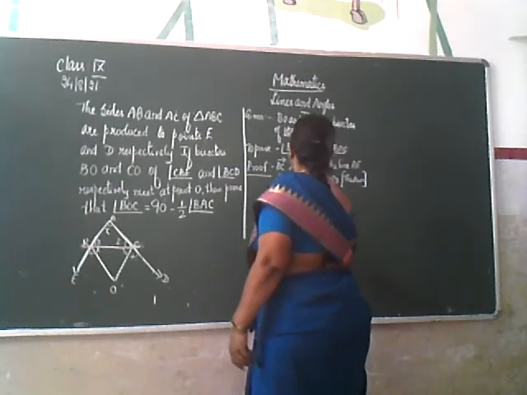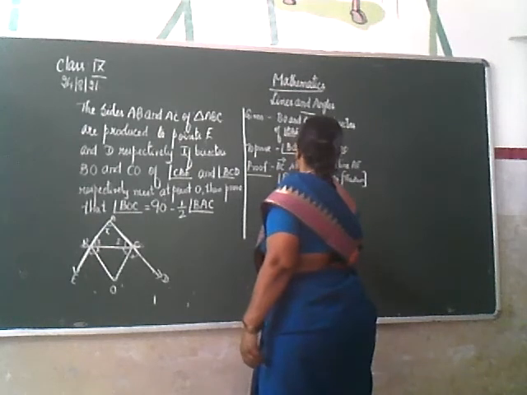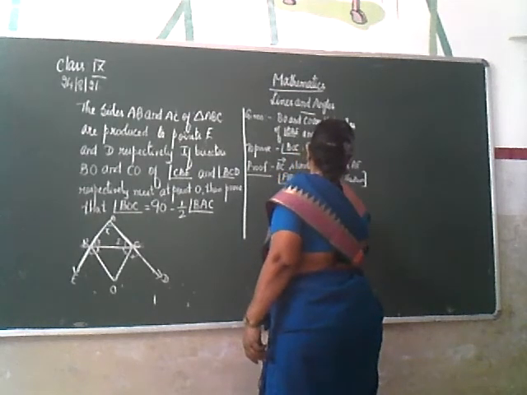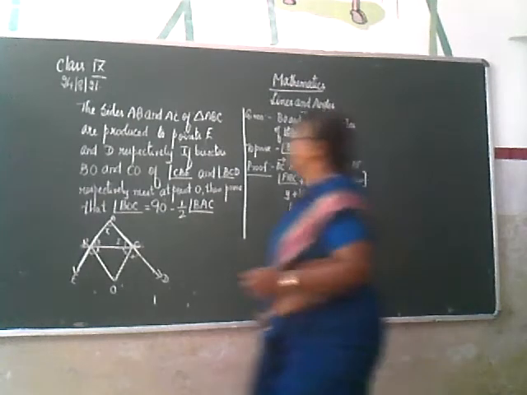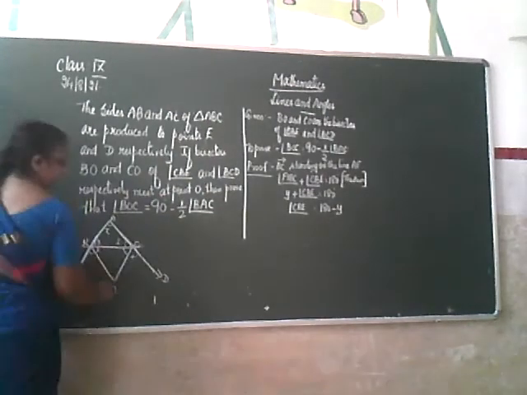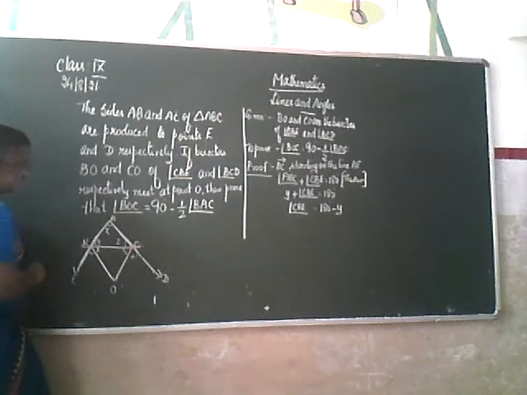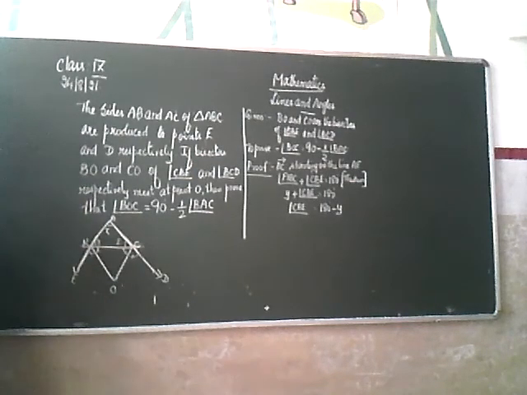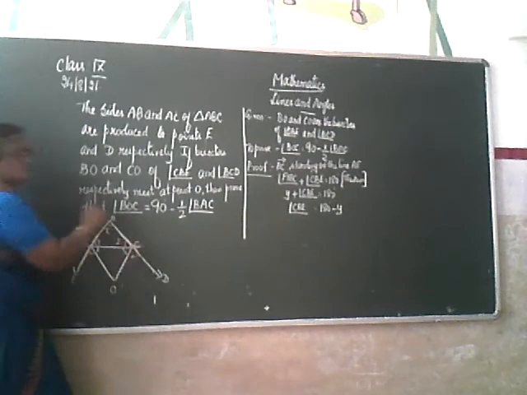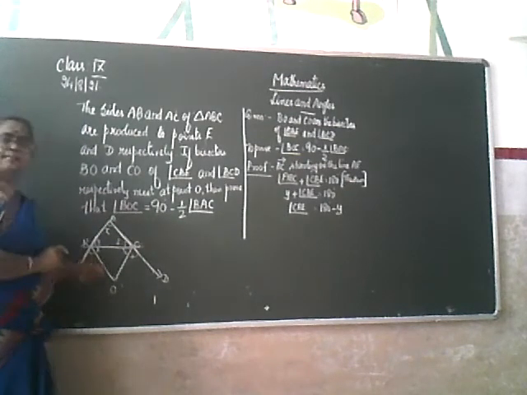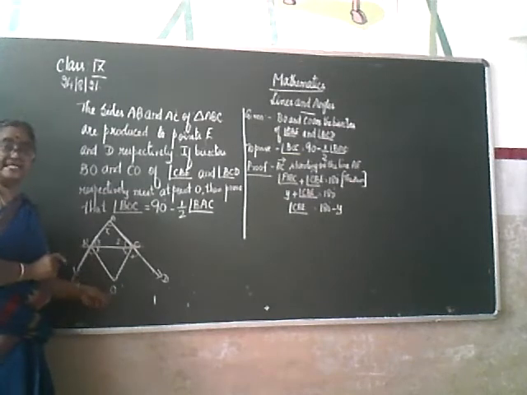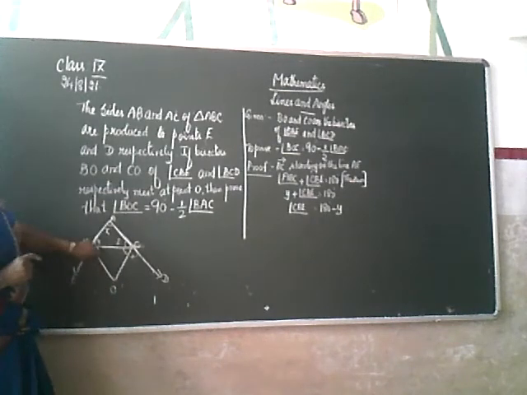So CBE is 180 minus Y. But I want BOC. So that means I must write in terms of CBO. Then only I can find out BOC according to the question. It is given, it is the bisector. Bisector means it divides this into two equal parts, isn't it?